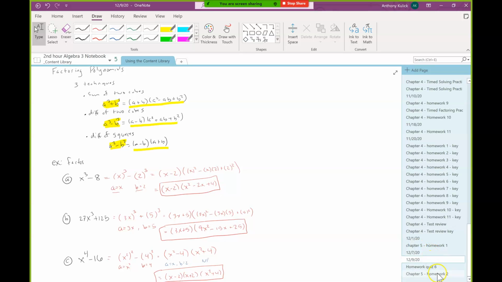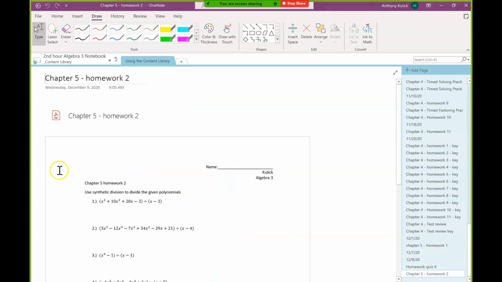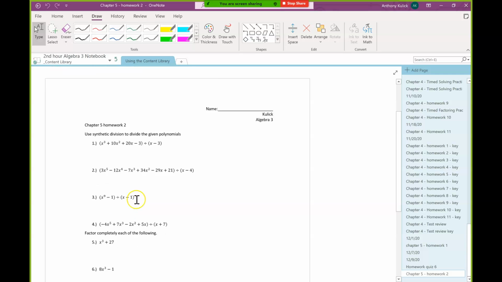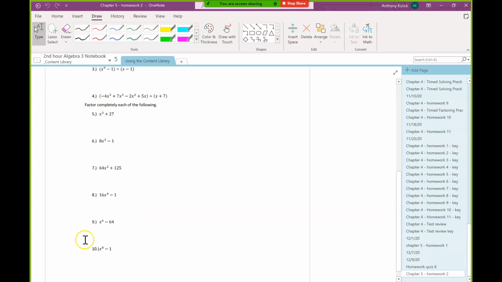Today, though, I have the Chapter 5 Homework 2. So I have 4 synthetic division problems for you to try, and then 6 factoring problems to try. So that's your homework assignment for tonight. This will go into the last homework check, which is going to be due Tuesday morning.